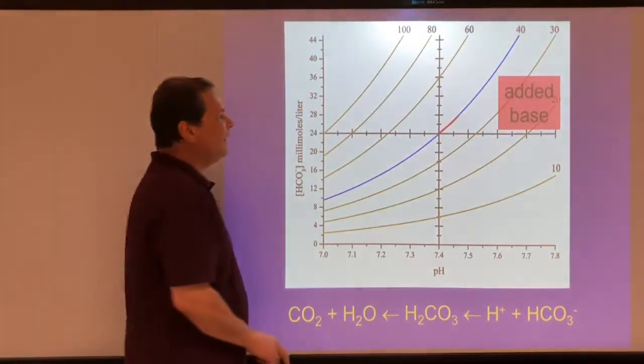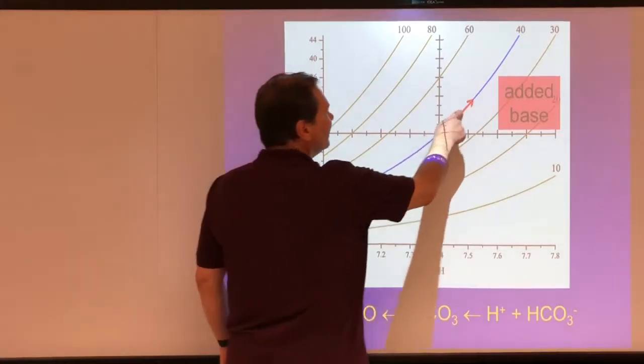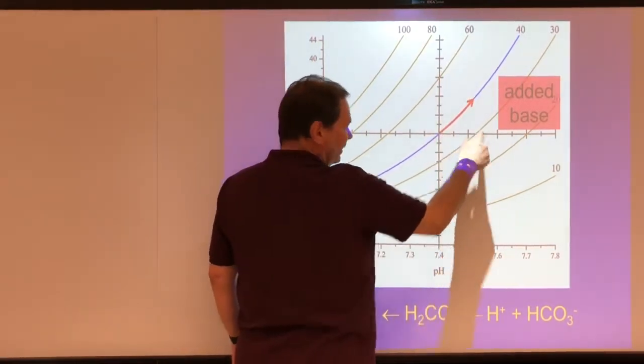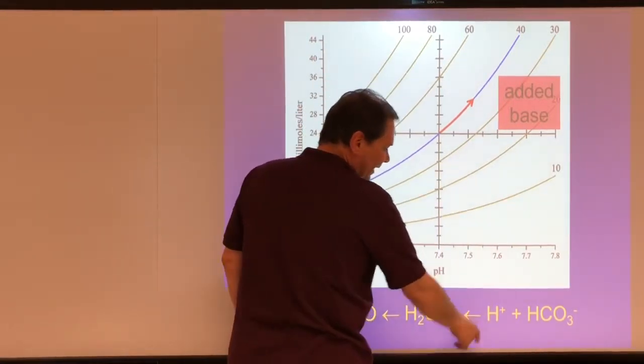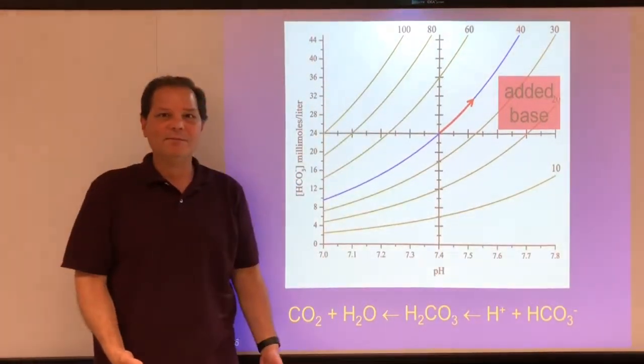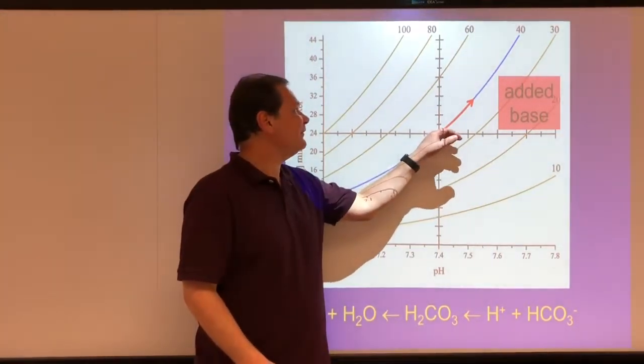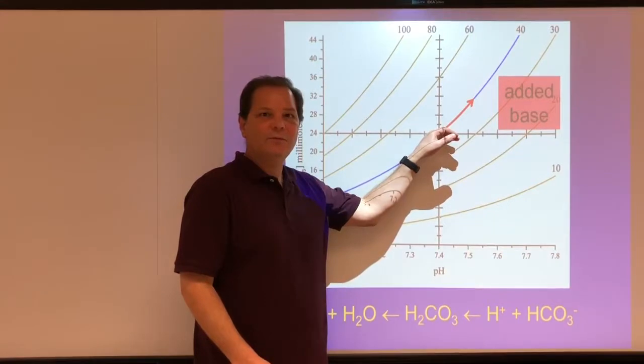So I go up along this isobar. My bicarb goes up, my pH goes up because my hydrogen ion concentration is dropping. That's our representation.